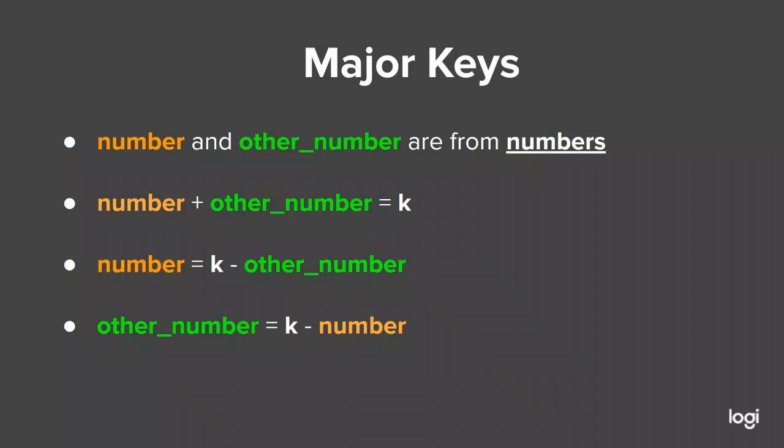And if we do some transposing and write this equation in terms of number, then number is going to be equal to k minus other number, and other number is going to be equal to k minus number. Okay, so then we can look up number and other number from inside the numbers array or the numbers list.